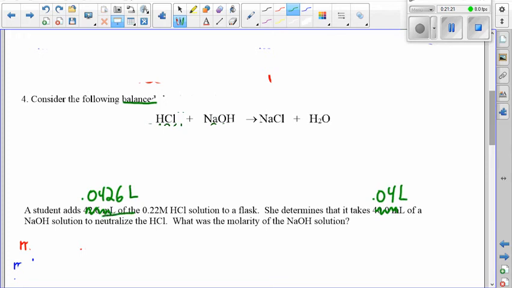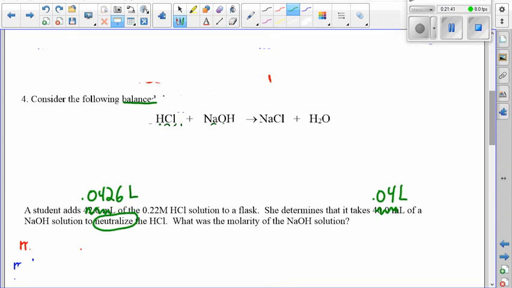This word neutralize, you may not have seen that before. That just means react completely. So they needed that much sodium hydroxide to use up every last drop of the HCl, to finish the reaction, where they meet in the middle.